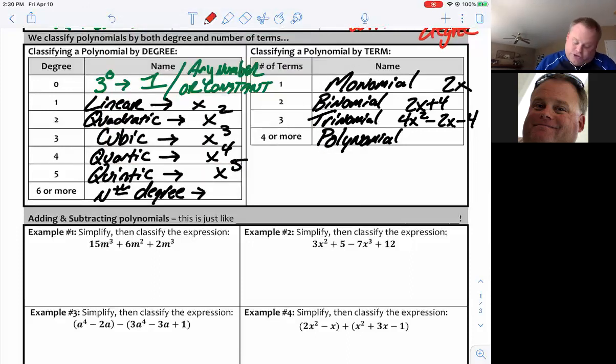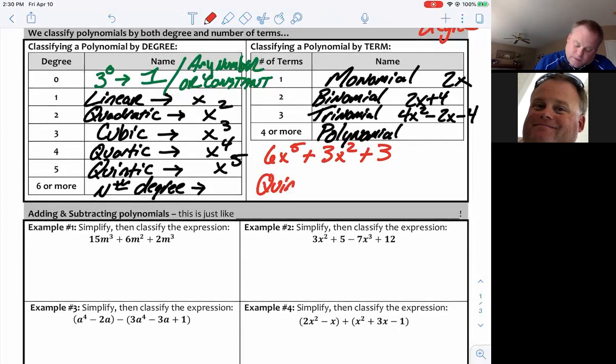So if I wrote you this example right here, and I asked you to classify the polynomial by number of terms and by its degree, your answer should be a quintic trinomial.